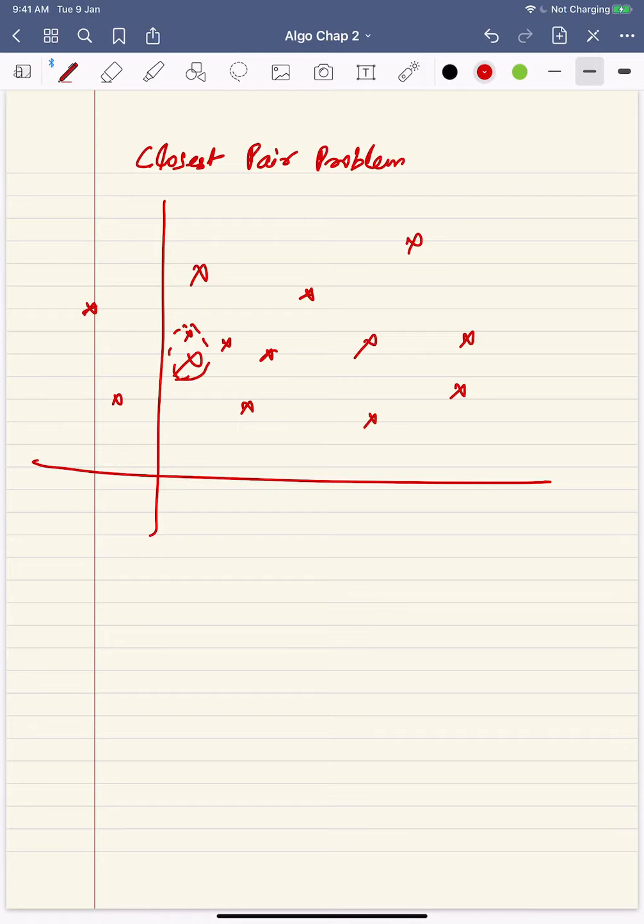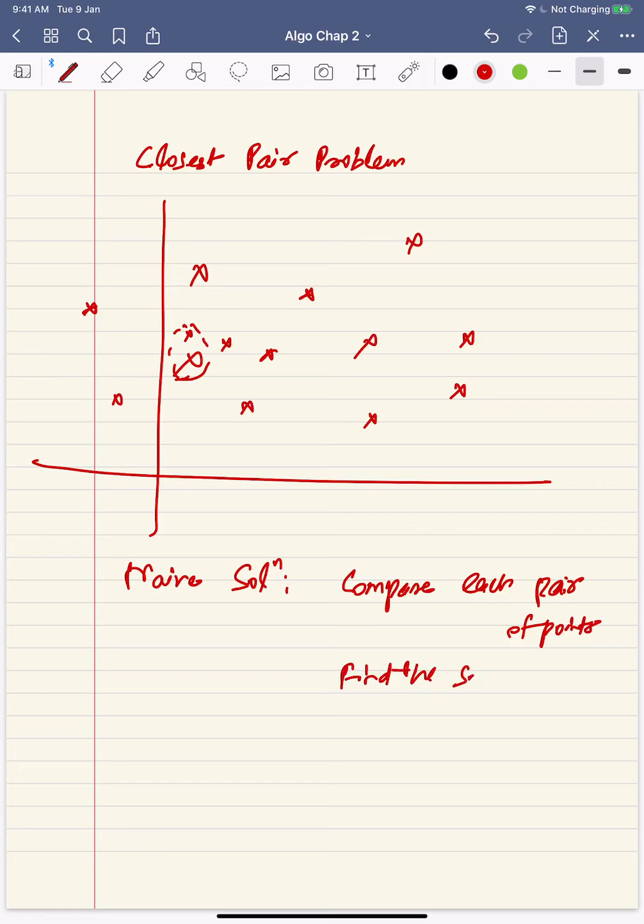If you think about it without even specifying the problem, what is the naive algorithm you can find? You will say, okay, compare each pair of points and find the smallest distance. So you can compute something like the Euclidean distance and see which pair has the smallest distance.